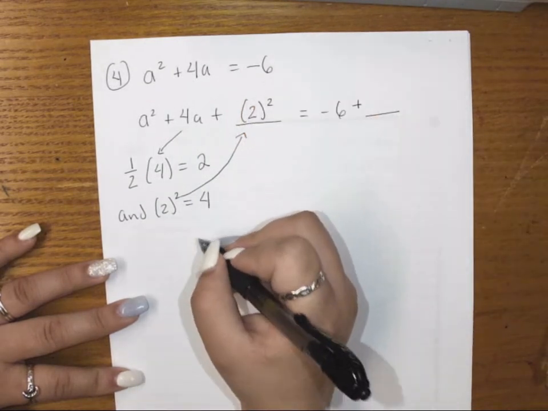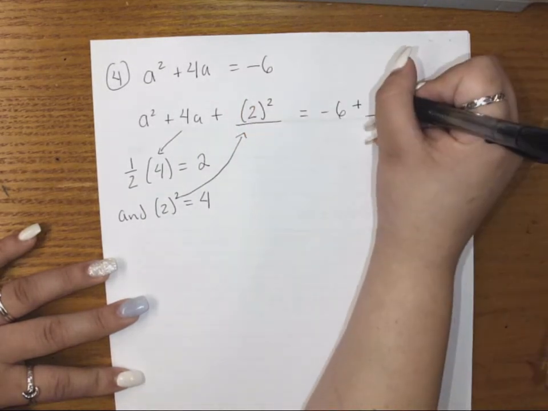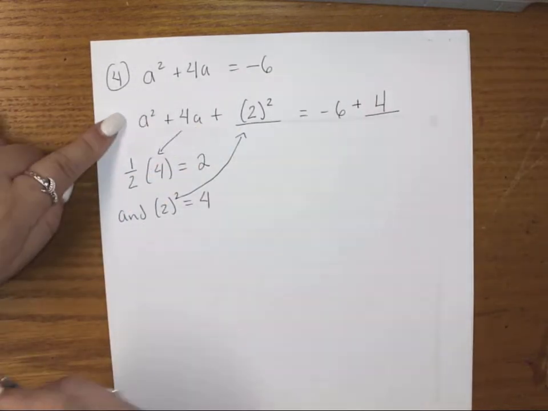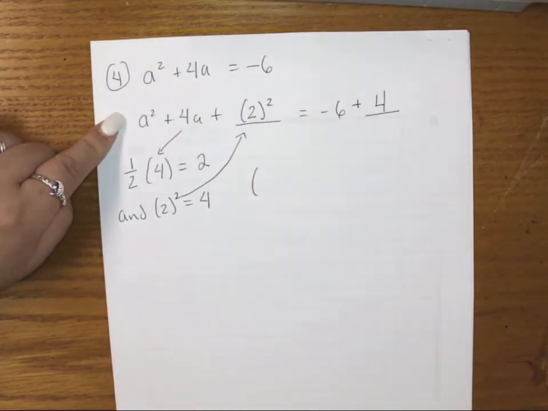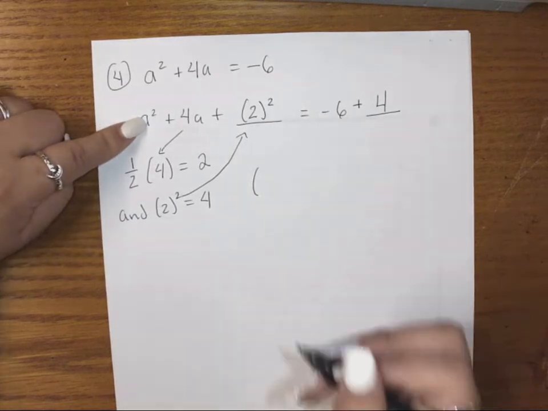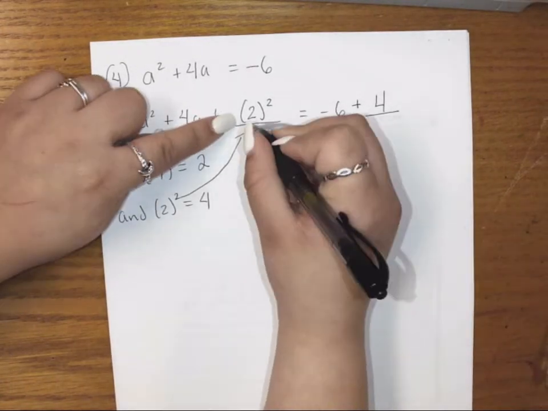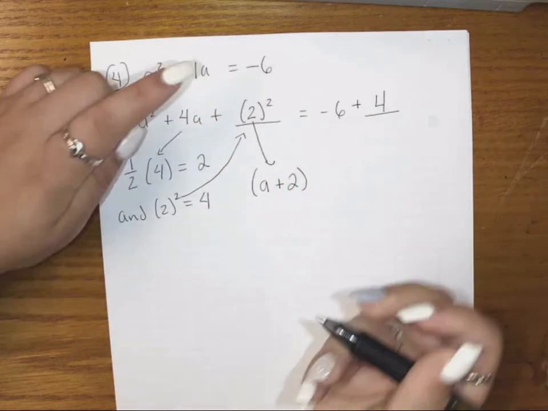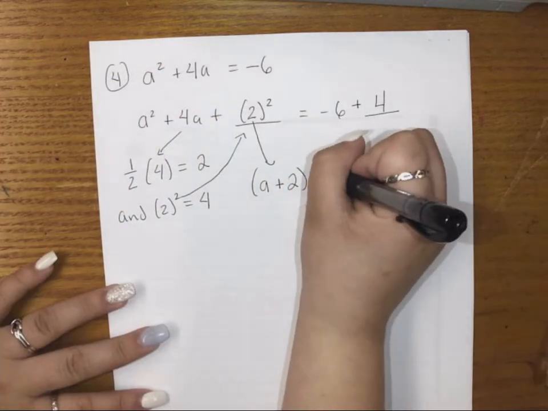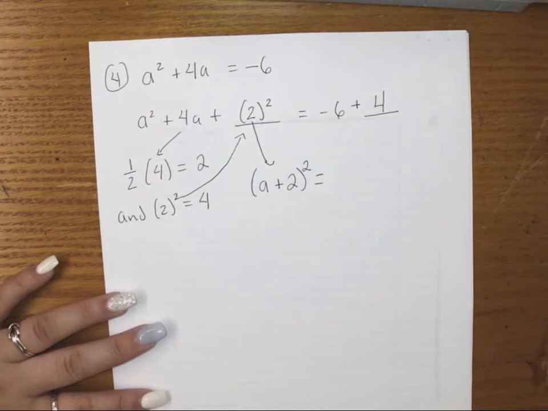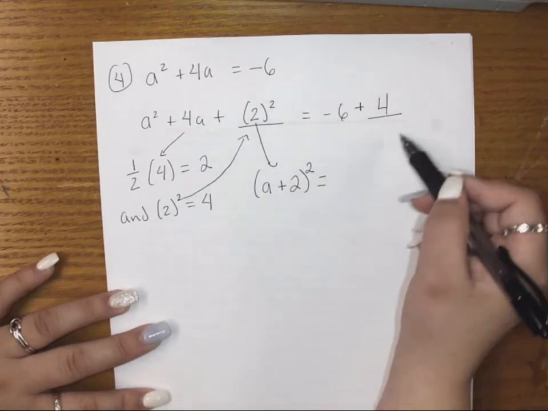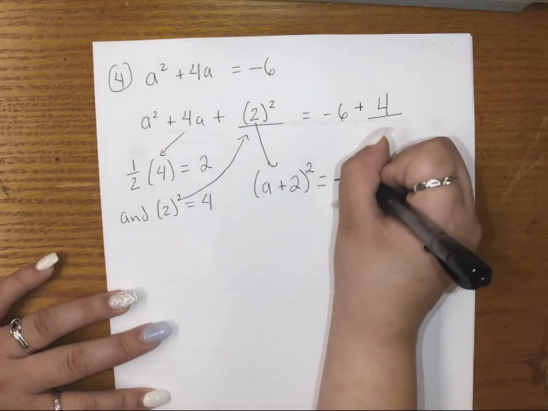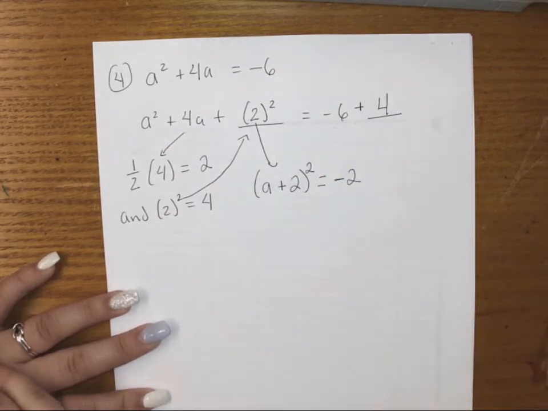The reason is that when we factor, our perfect square trinomial factors into your variable and the number in front of the parentheses, a positive 2, so we write down plus 2 squared. And this is equal to, you can simplify the right hand side, negative 6 plus 4 is negative 2.